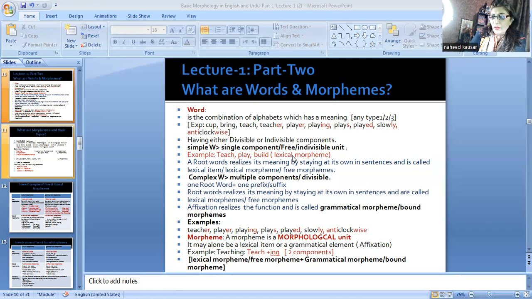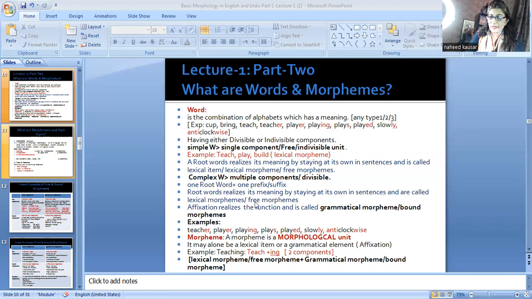So you should add the term lexical morpheme and another term, grammatical morpheme. Lexical morphemes are the free morphemes, while the grammatical morphemes are the bound morphemes, because they have to have some stem or main word or root word to get attached to, to give meaning.